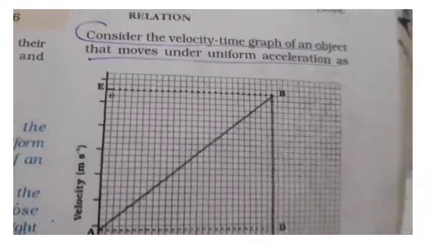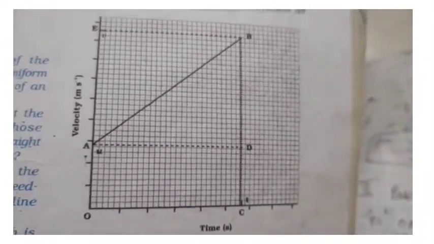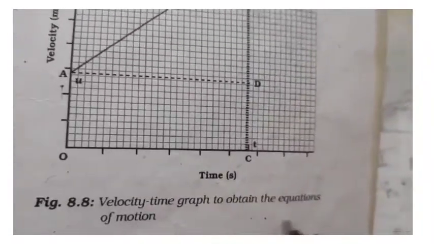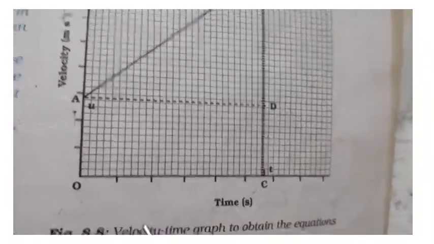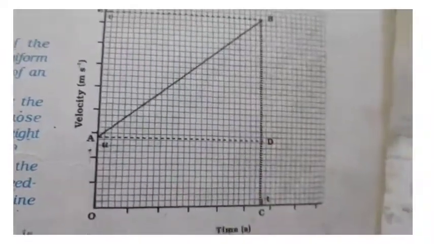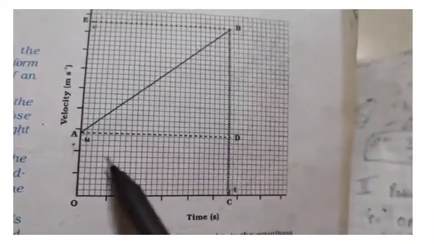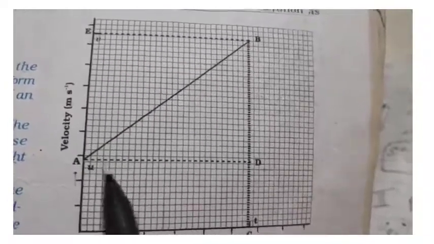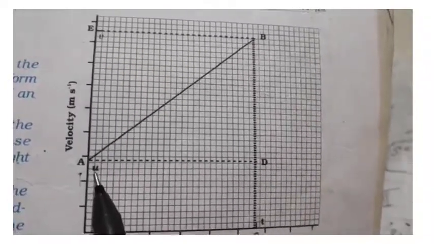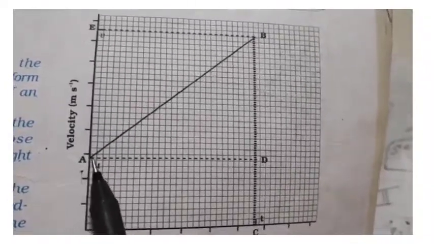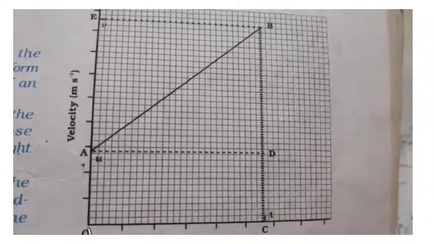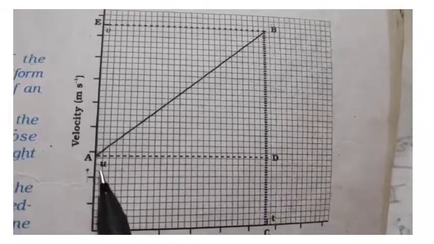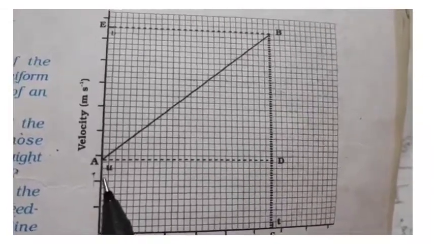Now for this relation, this is a graph which is to be considered. An object which is moving in a uniform motion. So this is the velocity versus time axis. An object, when it starts moving, will be at an initial velocity u. A is the point from where it starts the movement. At that time the time is 0, and its velocity will be the initial velocity u.